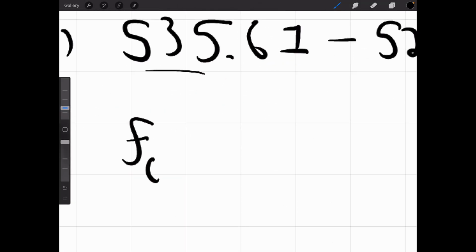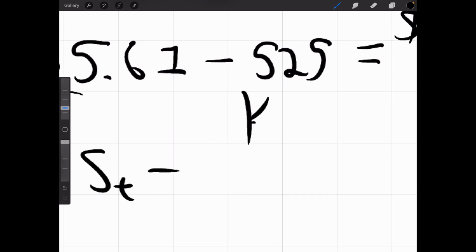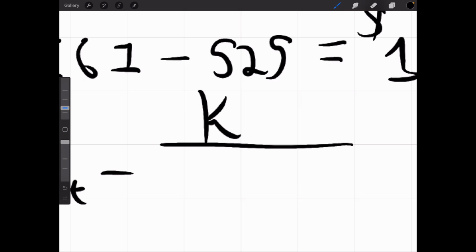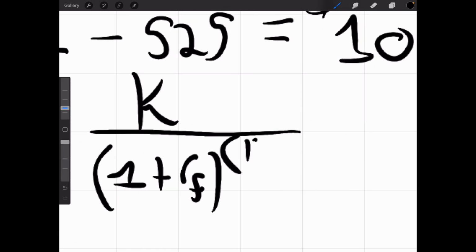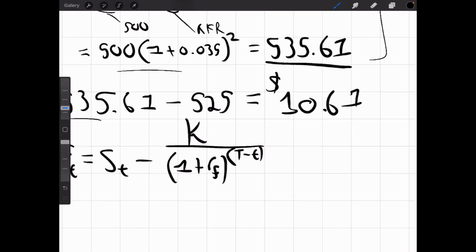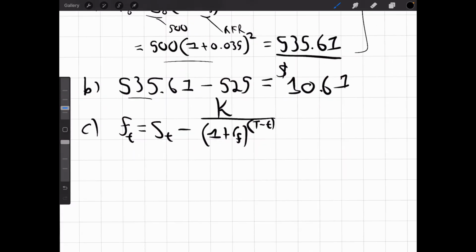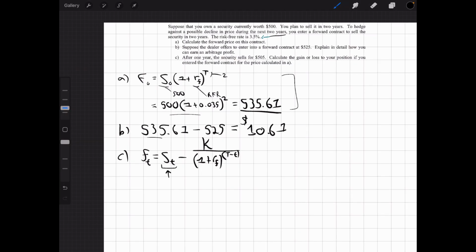So your gain or loss right here is S_t less K times (1 plus r_f) to the power of T less t. Okay, so I'll explain everything here. This right here is what the security's selling for.